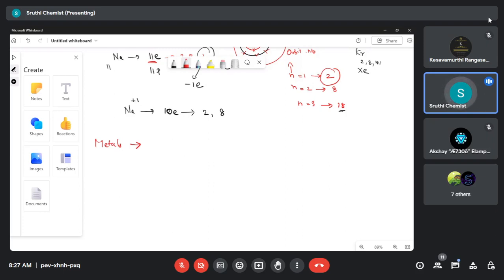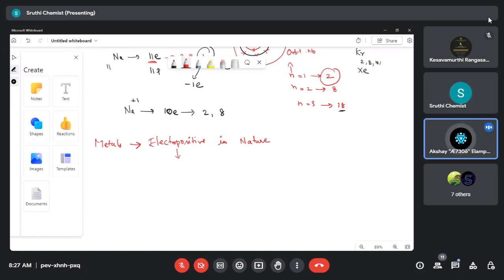If you talk about the character of metals, they are electropositive in nature. What does electropositive mean? No, they don't need more electrons. They will donate electrons.